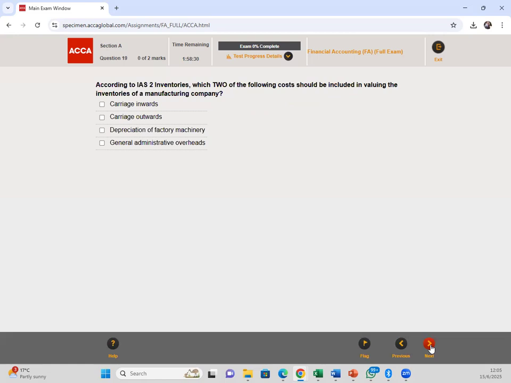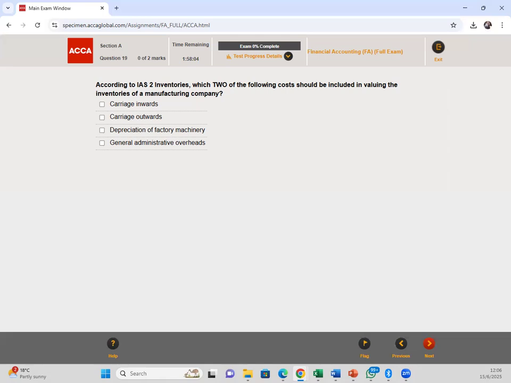So now let's get started. Now we are on number 19. According to IAS 2 Inventories, which two of the following costs should be included in valuing inventory of a manufacturing company?